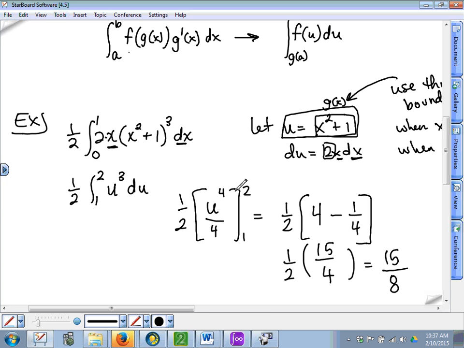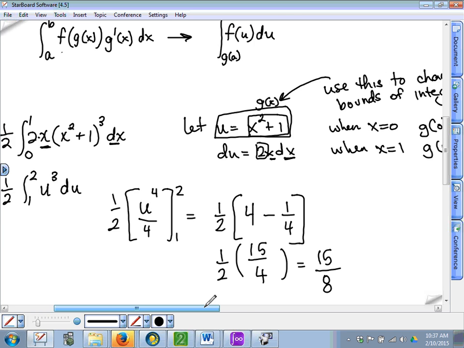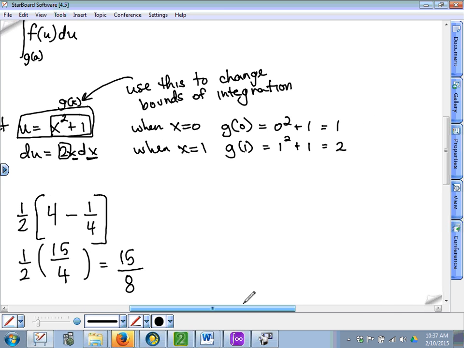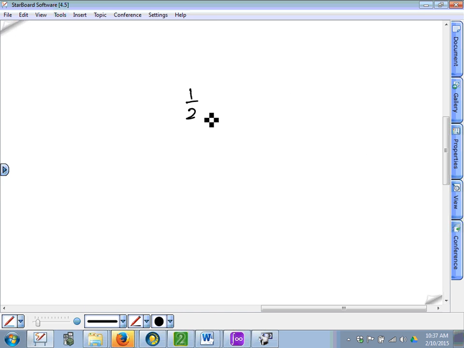You guys following? Will you get the same answer? Well, that's what I was just going to show you. If we go back to here, 1/2 times u to the 4th over 4, and we unsubstitute our substitution, what would that equal?